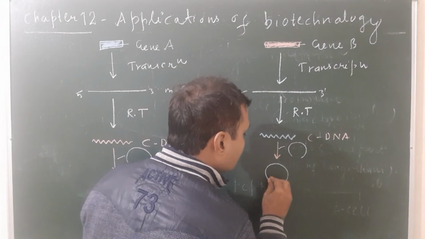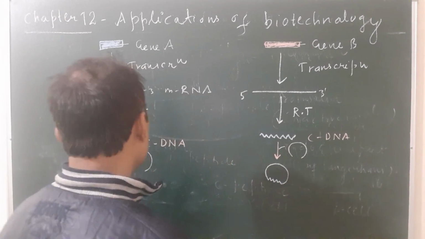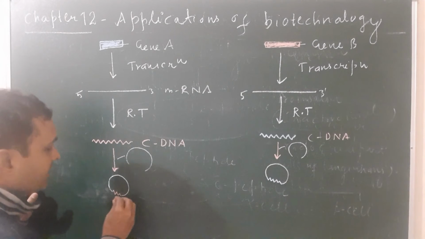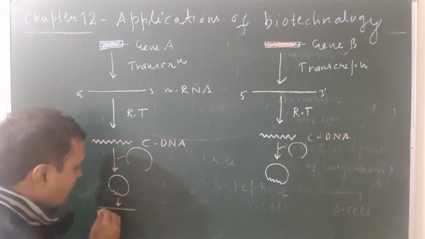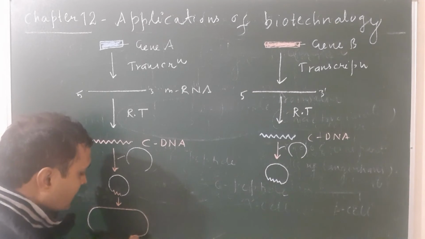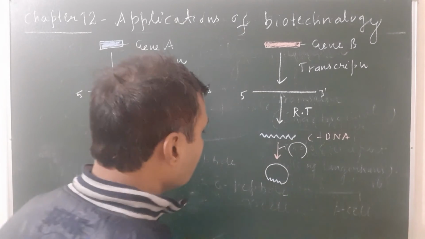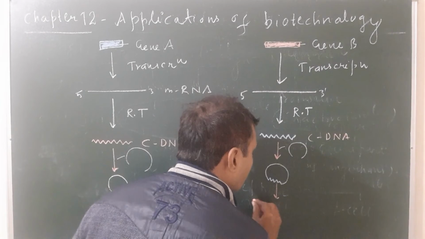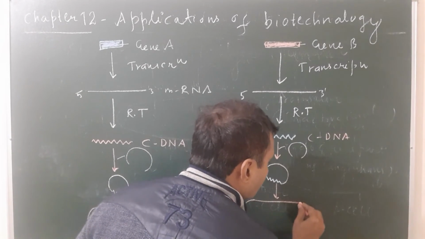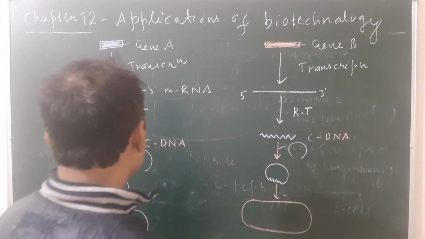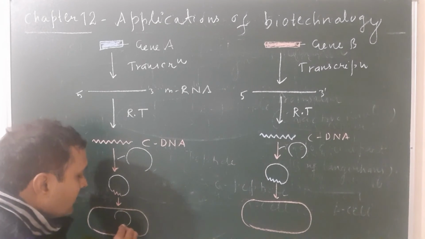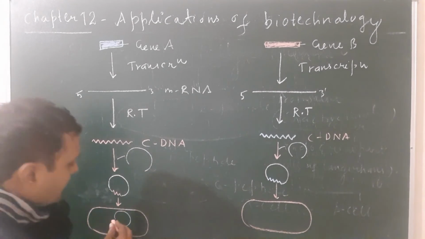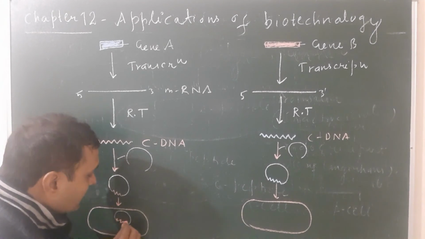This recombinant DNA is put into the E. coli cell, and the process is called transformation. That means the recombinant DNA is transferred into the E. coli cell for expression of the genes responsible for the A chain and B chain.